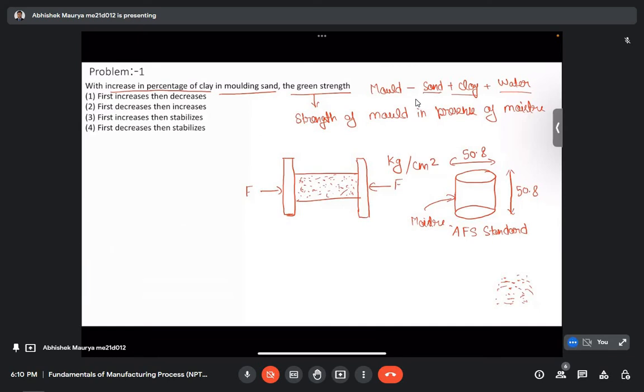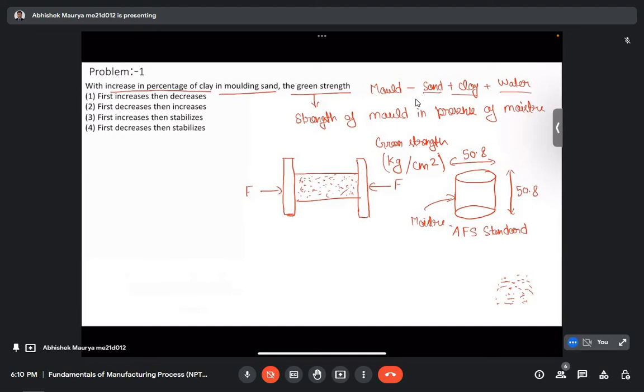Basically we will keep on increasing the force, and whatever the value of force we get, for the given area of the specimen we will get the strength, green strength, which has units of kg per centimeter square or any equivalent units.